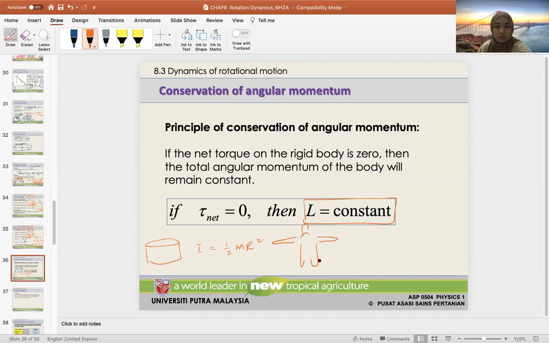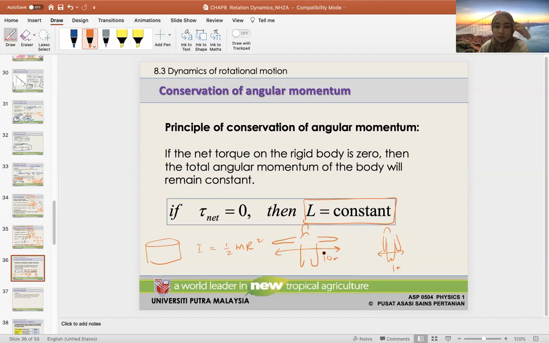So let's say when she extends her arm, the radius is 10. And when she is not extending her arms, her radius is just 5. Buat satulah senang. 1 meter. Okay, 10 meter.